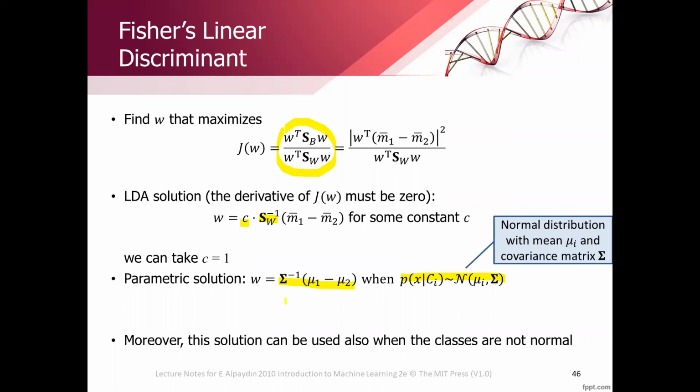Actually, it's usually used in this form, with the covariance matrix, because it usually works also in case when the data are not exactly normally distributed.